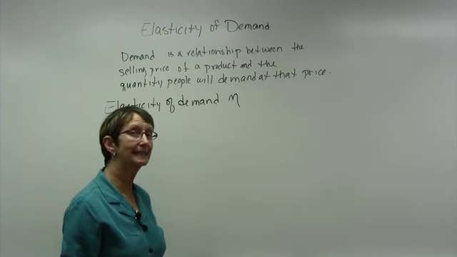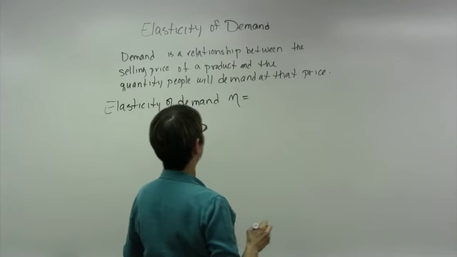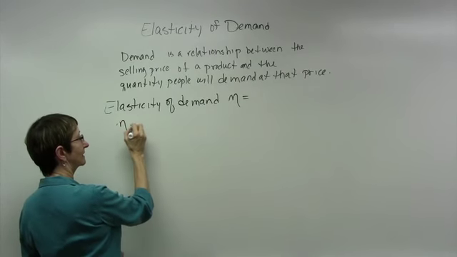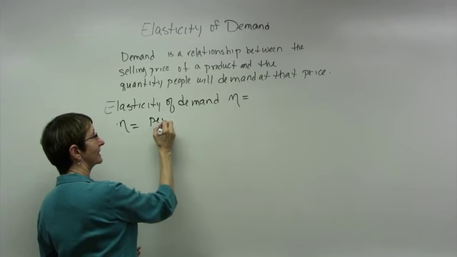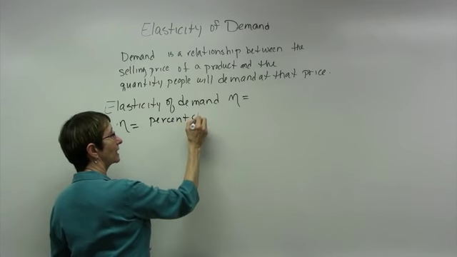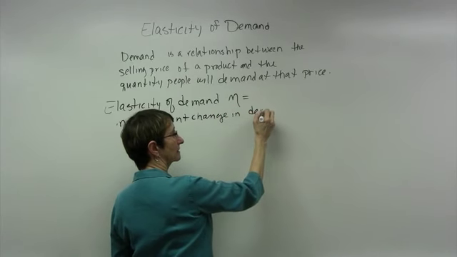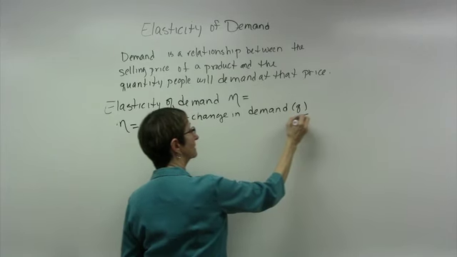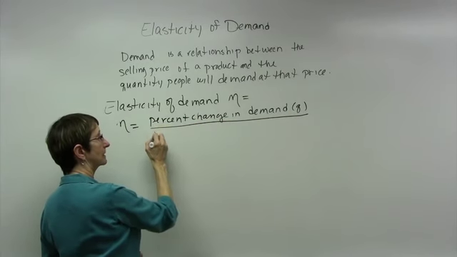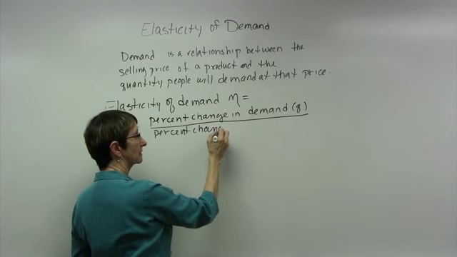It's pronounced eta, a Greek letter. Eta is a fraction: percent change in demand, Q, divided by percent change in price.